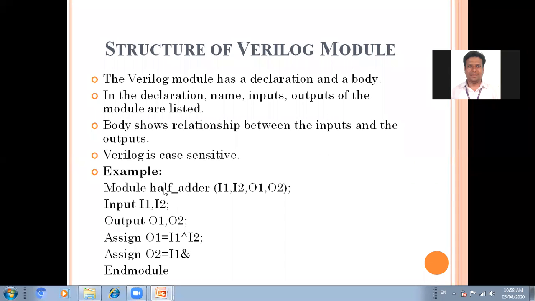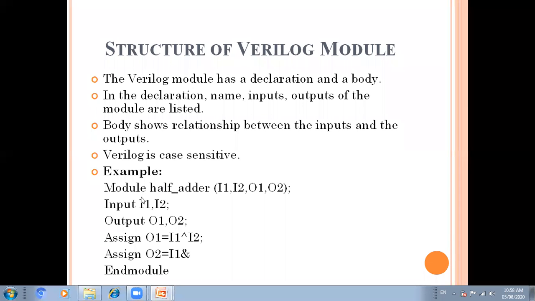But here in the case of Verilog, the code always starts with the keyword module. Then declare the name of the module, followed by the name, that is half_adder. In brackets, mention all the input output signals which are used in our code, right? So I1, I2, O1, O2, semicolon.